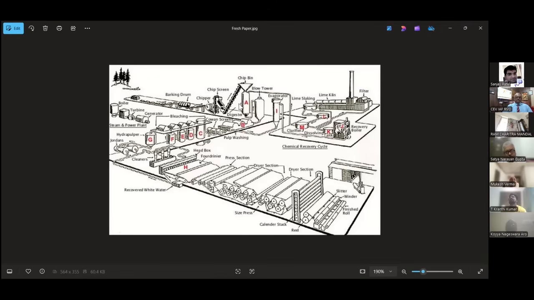Okay, so the digester works just like our pressure cooker. On a daily basis, we boil rice. Rice is a hard material. Using water and salt or anything, when we heat it at high pressure, the rice softens and converts into a semi-liquid form. Same here, whatever wood chips we have used for making paper, we add some chemicals and water.